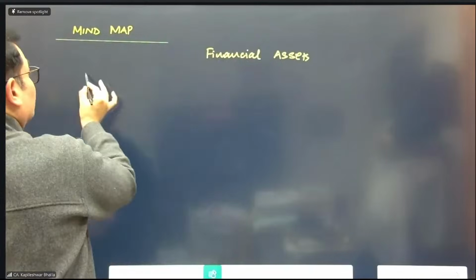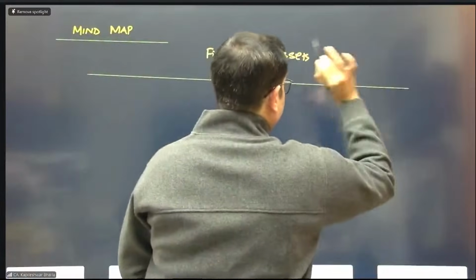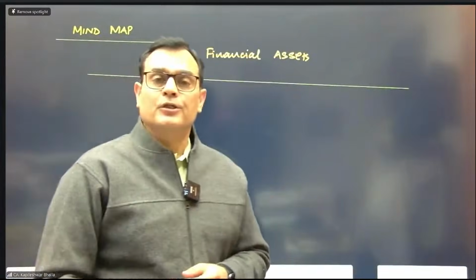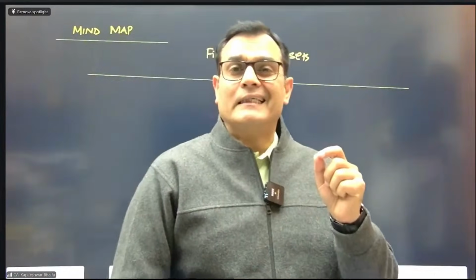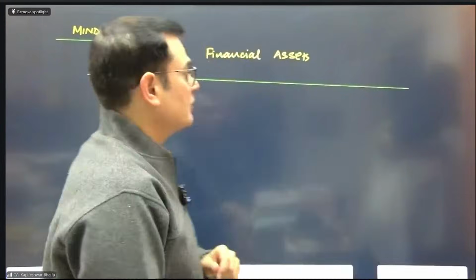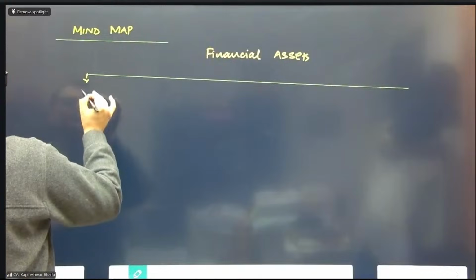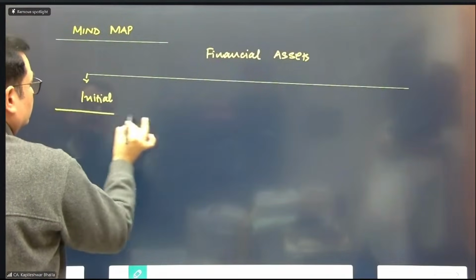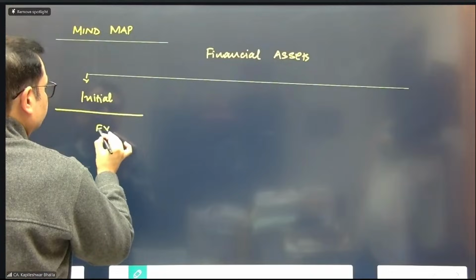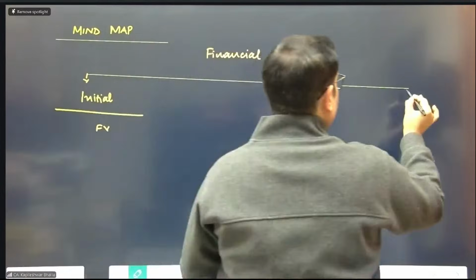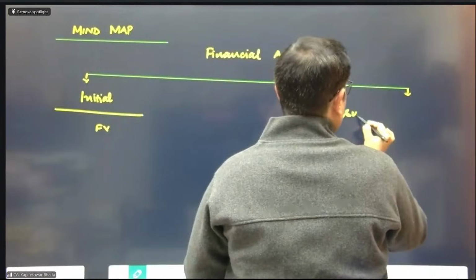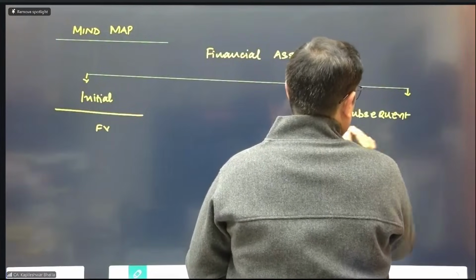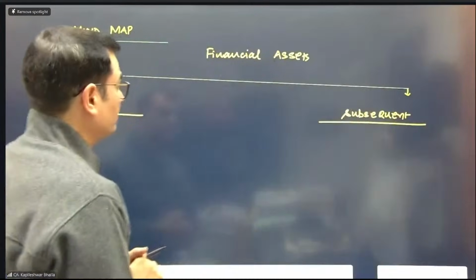Whenever you think of the measurement of any asset, be it financial assets or any other standard, your focus always comes on initial and subsequent measurement. Be absolutely clear that initial measurement is going to be at fair value. For subsequent measurement, we decide based on a three-step model which measurement base would apply.